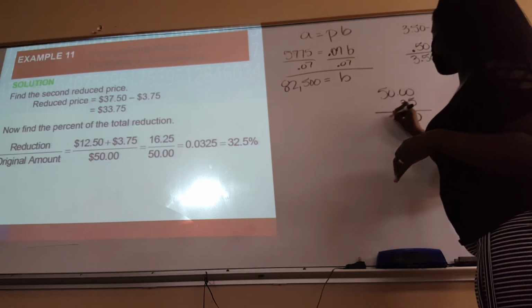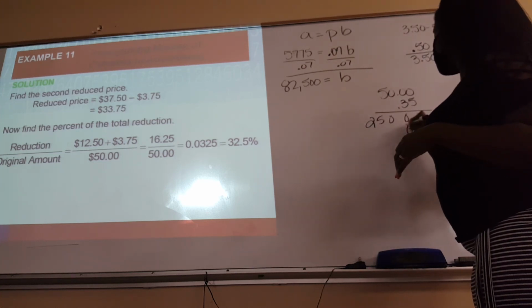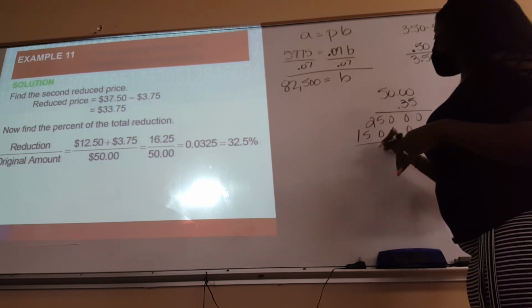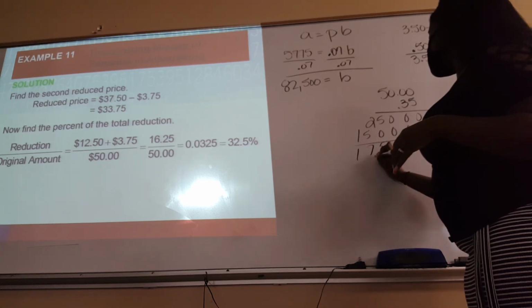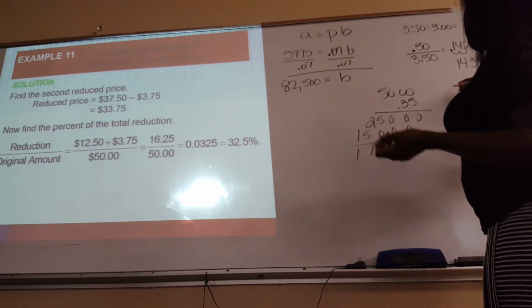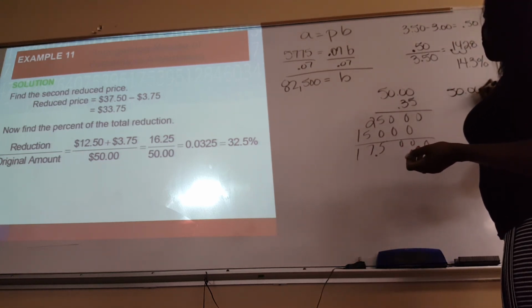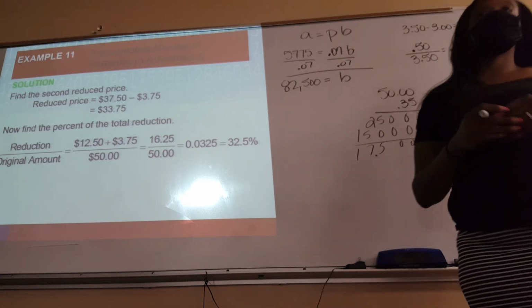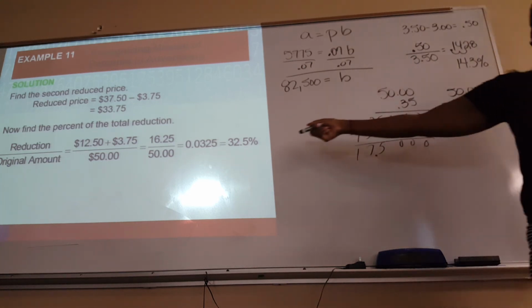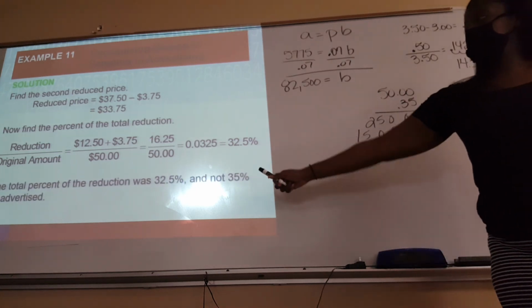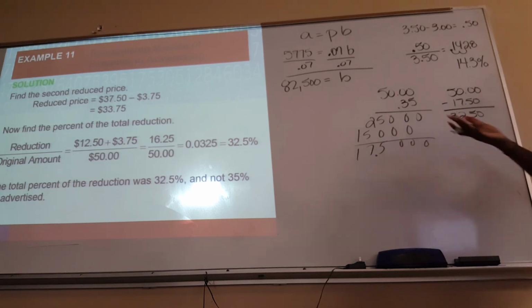So initially, 35% of $50 is $17.50. Then if we do 50 minus $17.50, if it was 35% off, we'd only pay $32.50. So as we saw, the decrease was 32.5% and not 35%.